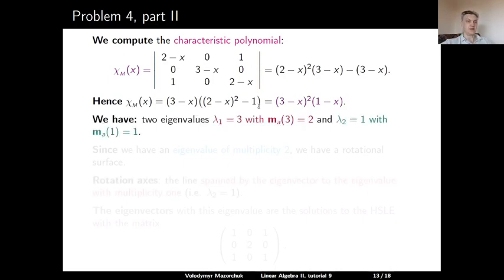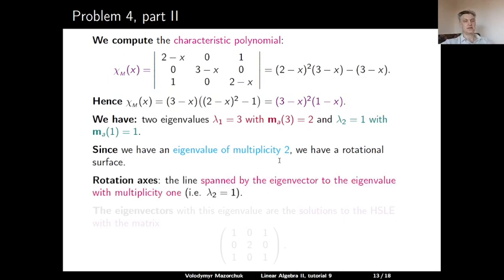We have two eigenvalues. Lambda 1 is equal to 3 with algebraic multiplicity 2, and lambda 2 equal to 1 with algebraic multiplicity 1. Since we have an eigenvalue of multiplicity 2, this is a rotational surface. For the rotation axis, we need to find the eigenvector for the other eigenvalue, the eigenvalue with multiplicity 1.